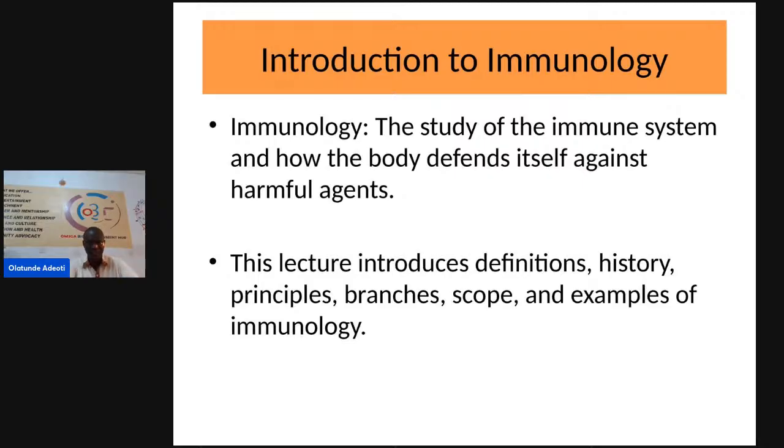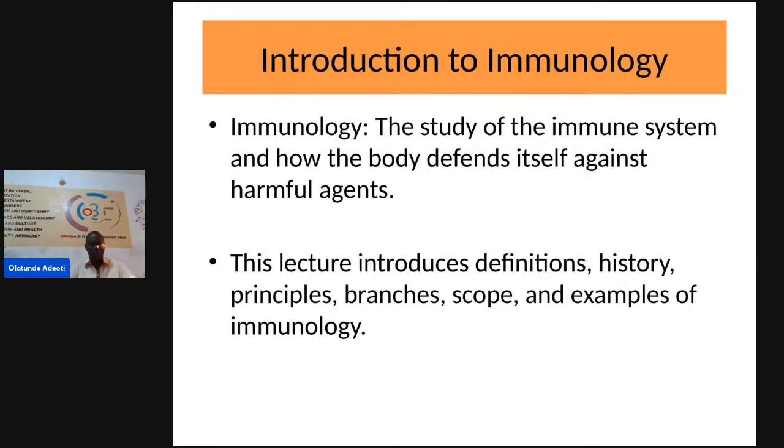So this lecture is going to talk a lot about definitions. We will look at some key terms and terminologies in immunology. For example, we'll look at what is an antigen, what is an antibody, what do we mean by immune system, the classical pathway and so on and so forth. Then we will look at the history.